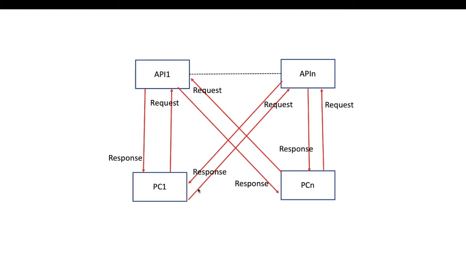Here we have PC 1 until PC n, and all of them are sending requests to the host and receiving responses sequentially, and between the different PCs there are parallel requests being sent to the different APIs. So this is probably the general view of stress testing, where we have as many hosts and as many clients, and there are sequential requests sent within a PC, and between different PCs there are parallel requests sent.